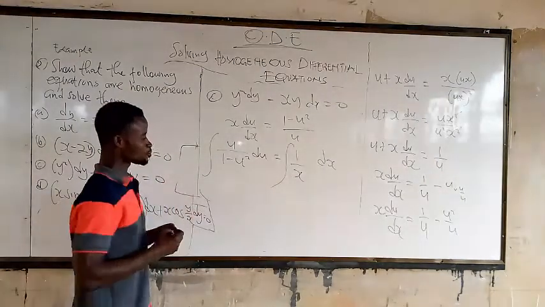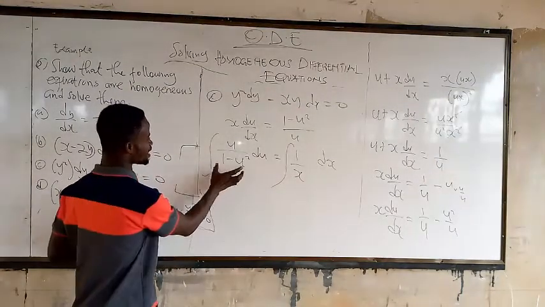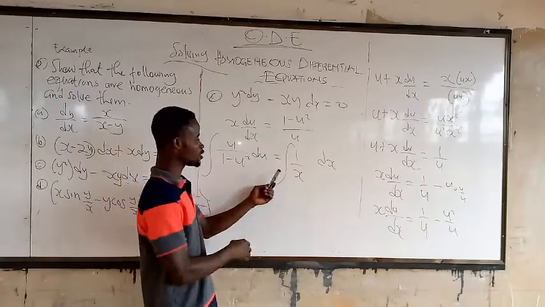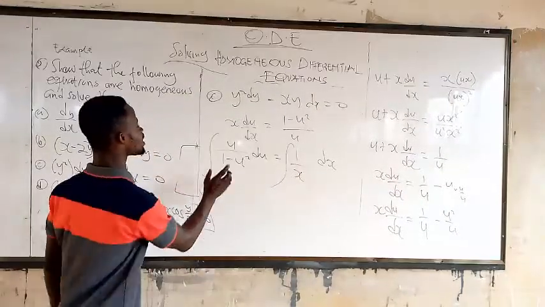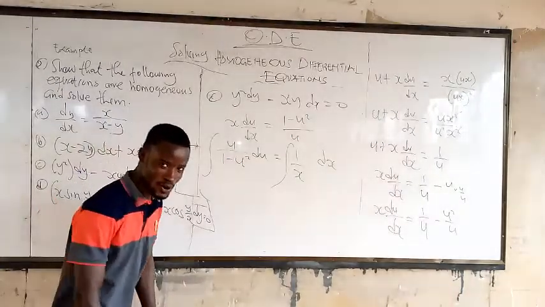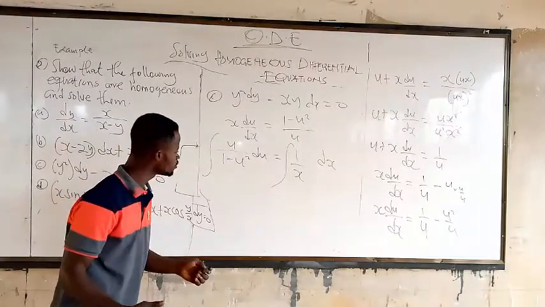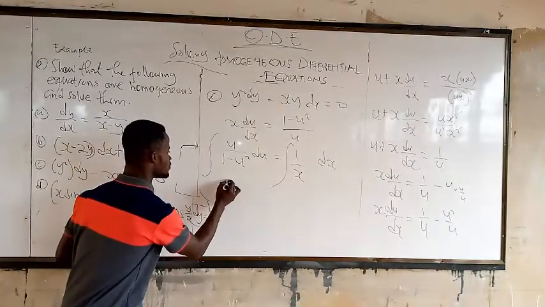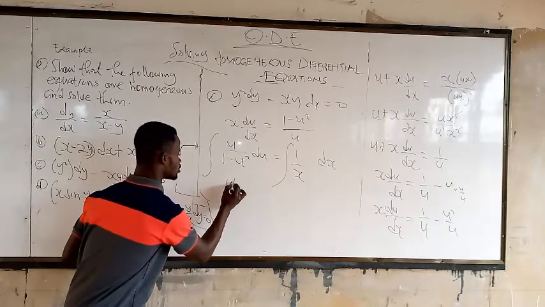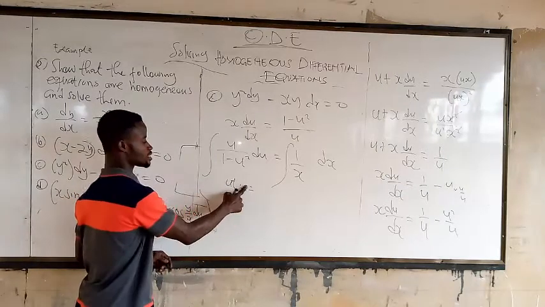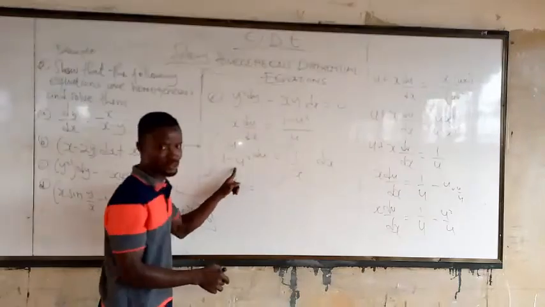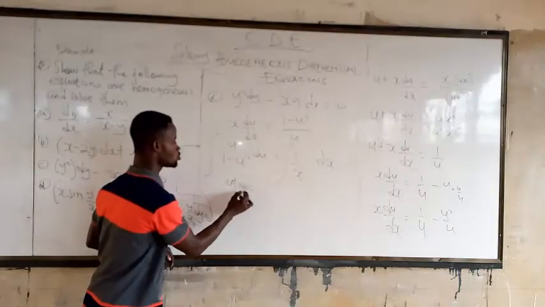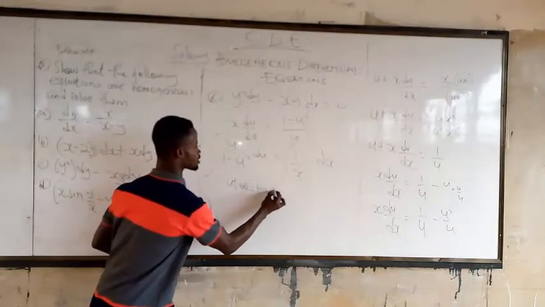So here, let's pick this side and integrate. We know that this is just going to be ln x plus c. But what about this side? Ooh, are we forgetting? Don't forget. Here, since now we have u in there, let's use w to be equal to 1 minus u squared.